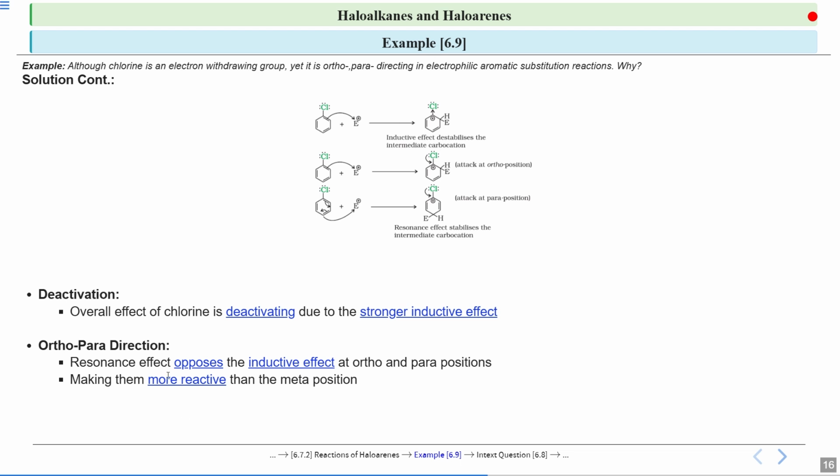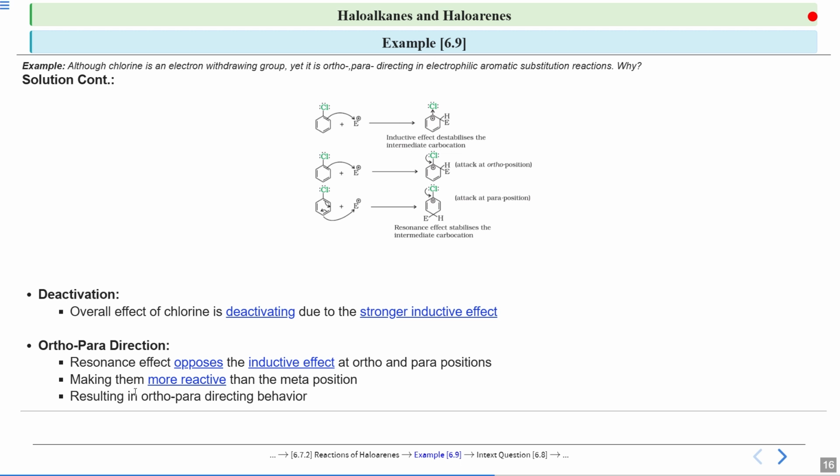The resonance effect makes the ortho and the para positions more available for the incoming electrophile than the meta position, resulting in the ortho-para directing behavior. Due to this slight increase in stability of the carbocation from the resonance effect, the ortho and para positions are available for the incoming electrophile to attack, owing to the increased electron density at the ortho and para positions of the benzene ring.